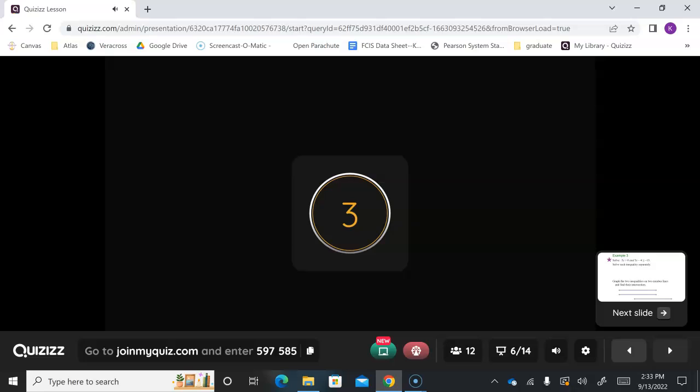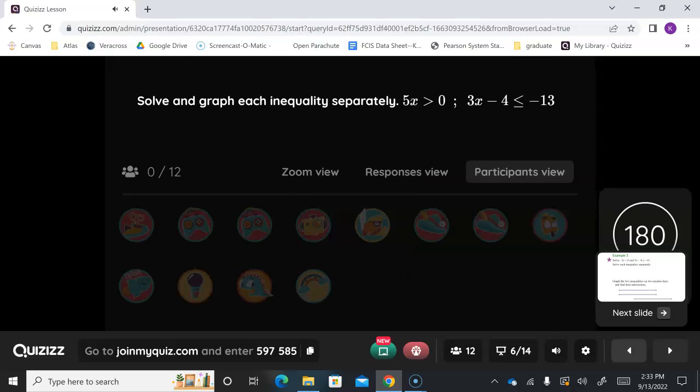So what I want you to do first, you're going to do two inequalities. I want you to solve and graph both of them independently, and then we'll do the intersection together. You can think about what the intersection would be, but graph each of them independently. Solve them both and graph them on their own number line.